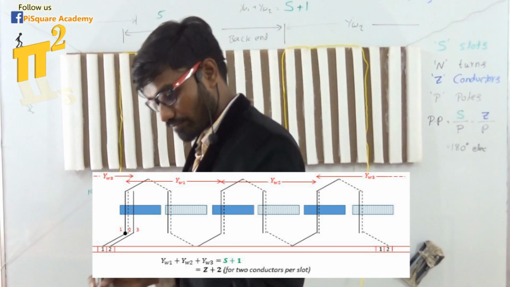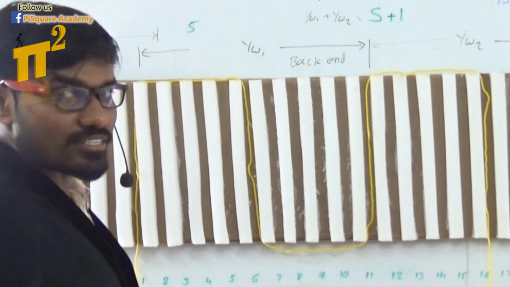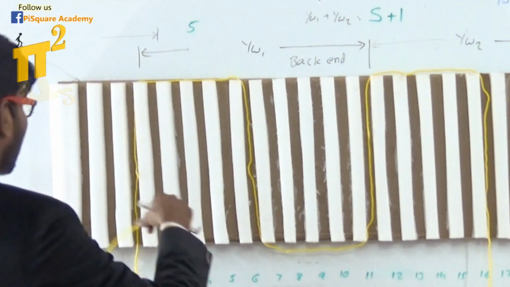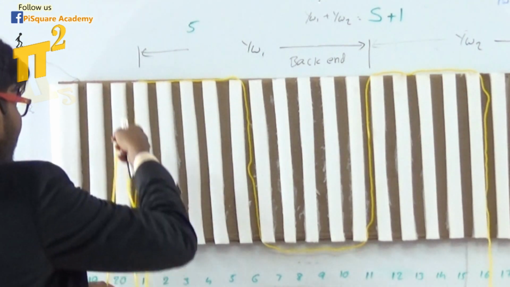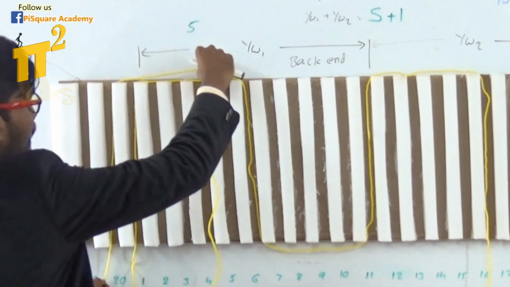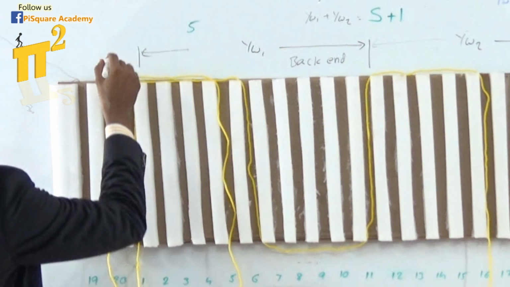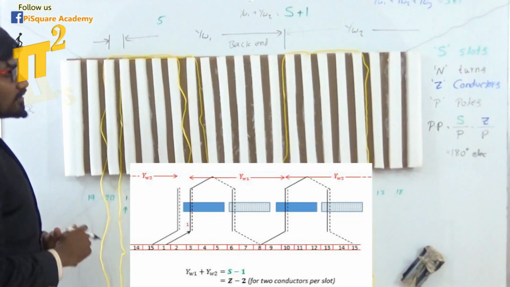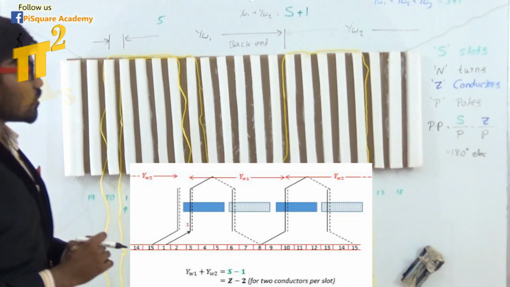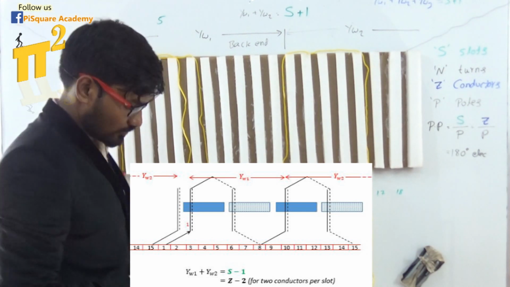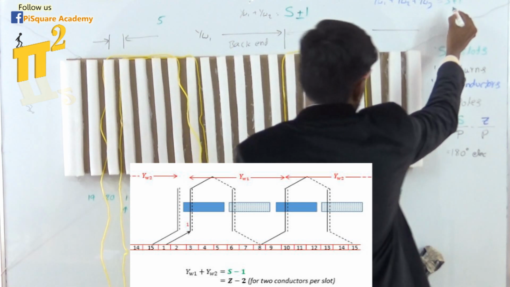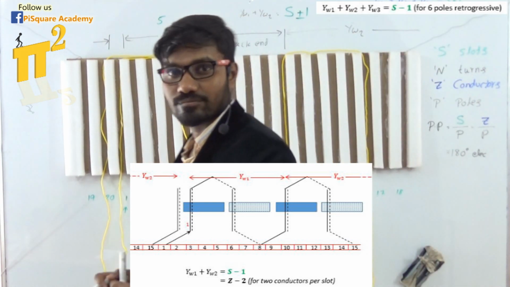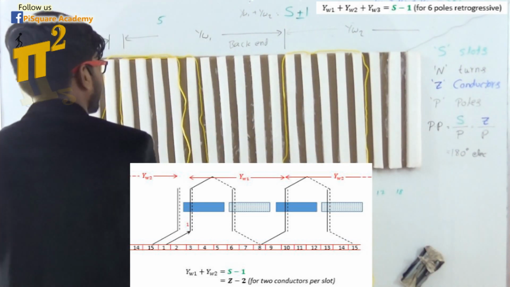Now for a retrogressive case, it will not end here. YW1 plus YW2 will end here itself. So in case of retrogressive, this is simply S minus 1. I hope this is clear.